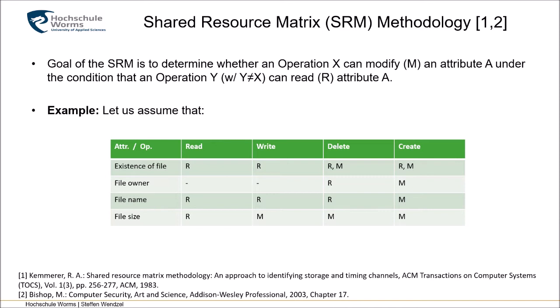And we could then read the file to determine its existence. And if we do not need the file anymore because we want to signal another binary value, then we use the delete operation to remove the file. However, a simple channel could also be one that just transfers one bit by creating the file once or not creating the file.